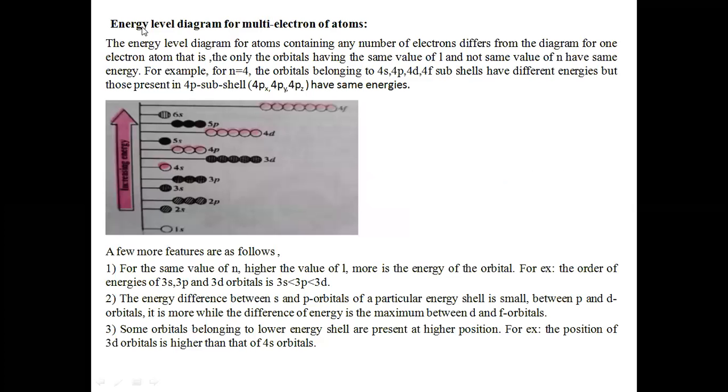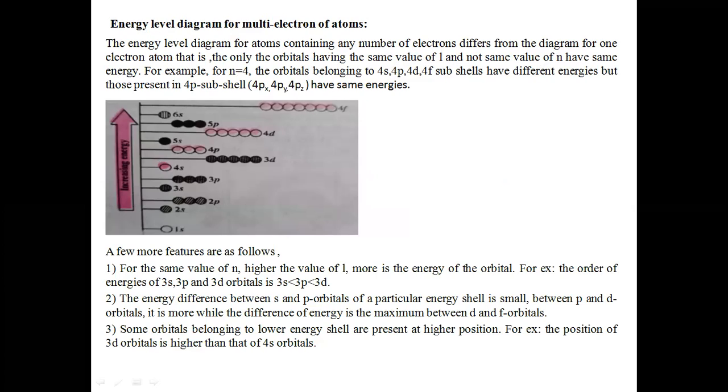Next we have the energy level diagram for multi-electron atoms. The energy level diagram for atoms containing any number of electrons differs from the diagram for a one electron atom, that is, only the orbitals having the same value of l and not the same value of n have the same energy.